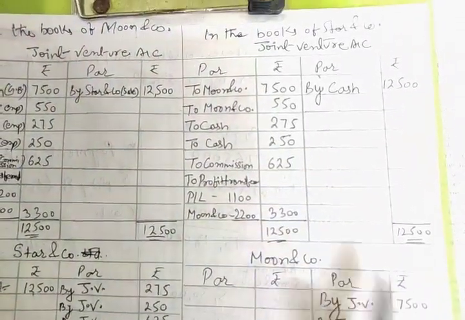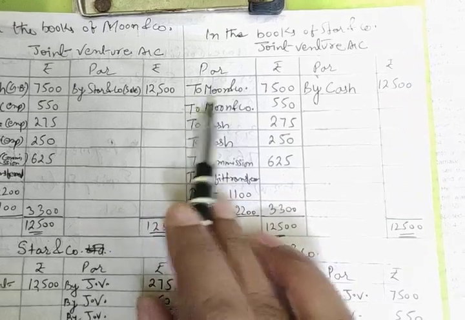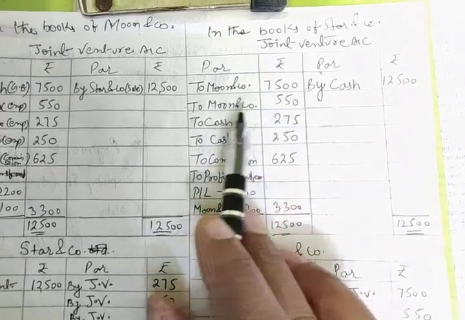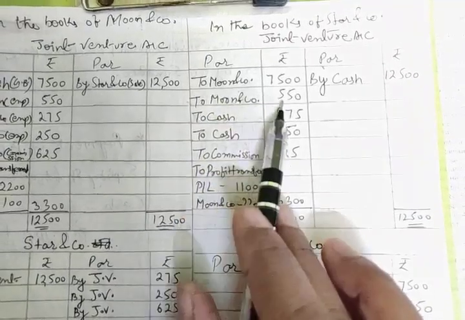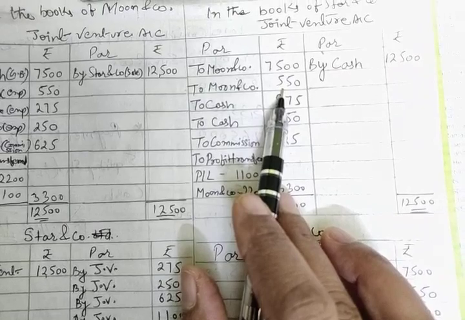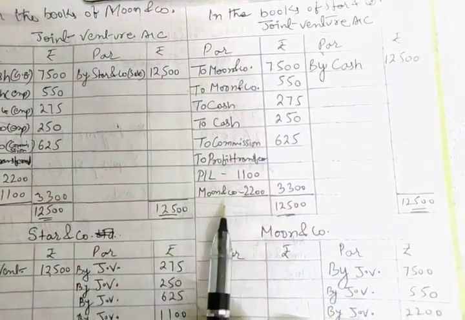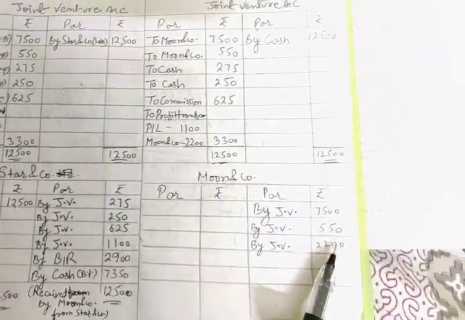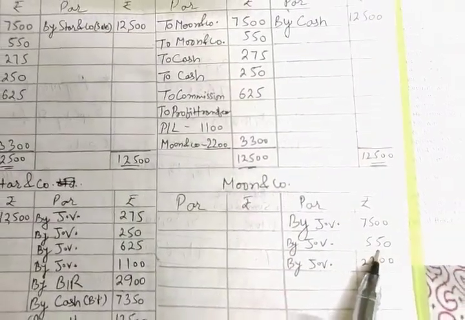Just check, only these three we have in the name of Moon and Company. Moon and Company 7,500, that is your goods value which they have bought. Then Moon and Company 550, that was the expense which they paid towards the insurance and all. And then we had the profit in the name of Moon and Company which was rupees 2,200. So all three counter entries are done.